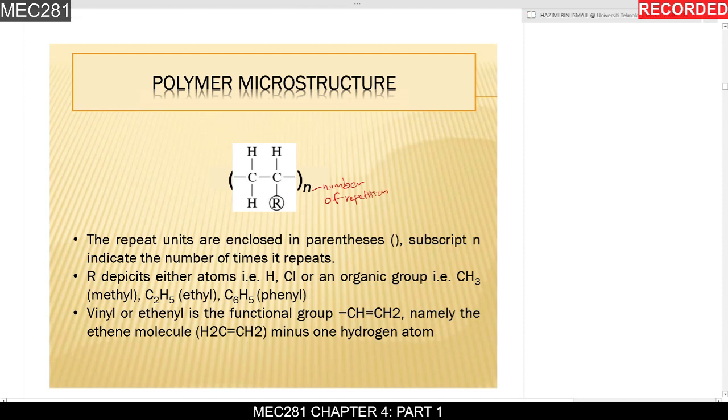Okay, so let's say here is 2, so you will get C, another C, because it repeats 2 times, and then you will have hydrogen, hydrogen. So here is R, right?